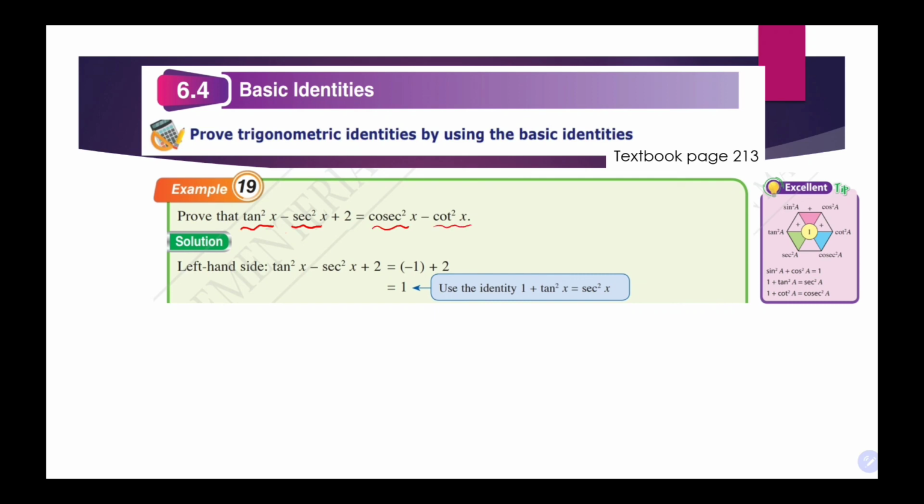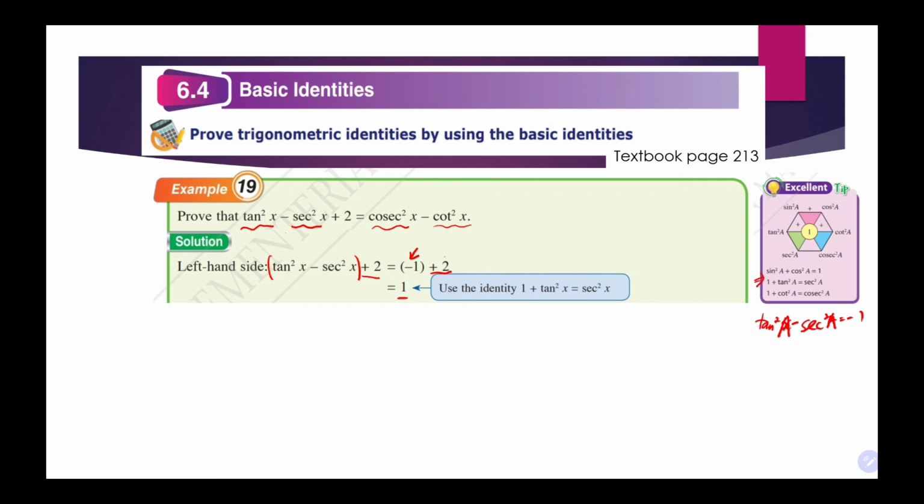But we can see tangent square x minus secant square x, from the basic identity, we will get negative 1. Therefore, you replace this by negative 1. And then put back plus 2. So negative 1 plus 2, we get only 1.